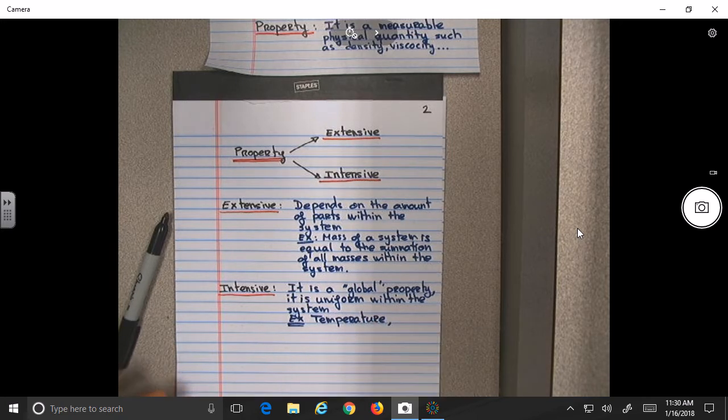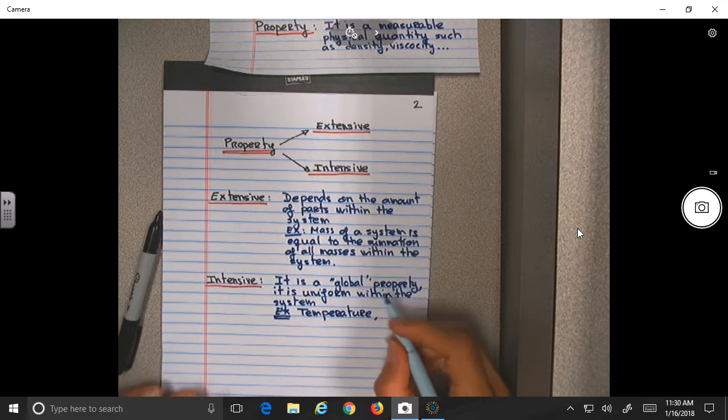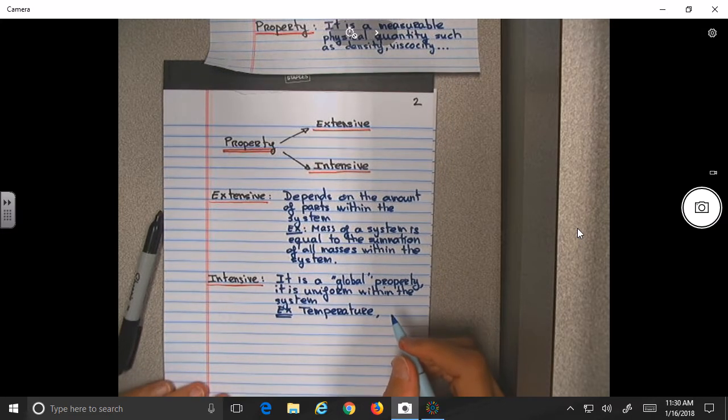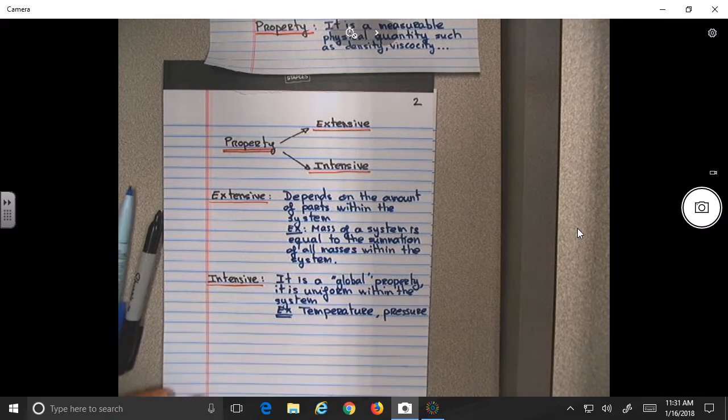The temperature, no? Since I put a comma, what could be another one? What about the pressure? Same thing.